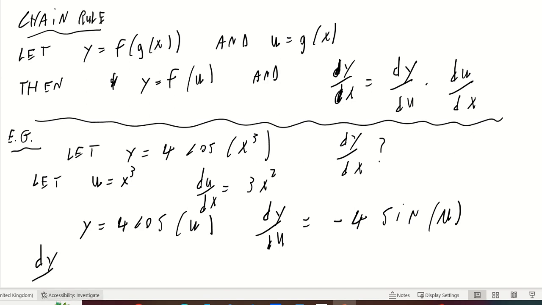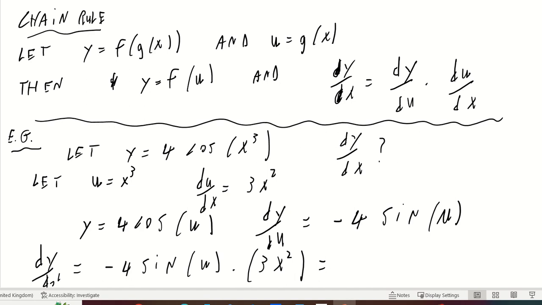So we can get dy dx. What does that equal? So dy dx would be equal to dy du, which is minus 4 times the sine of u, and it's all multiplied by du dx, which we've computed as 3x squared.